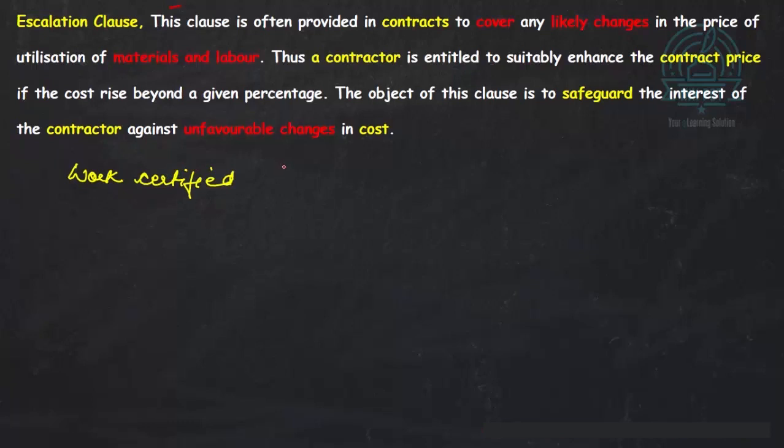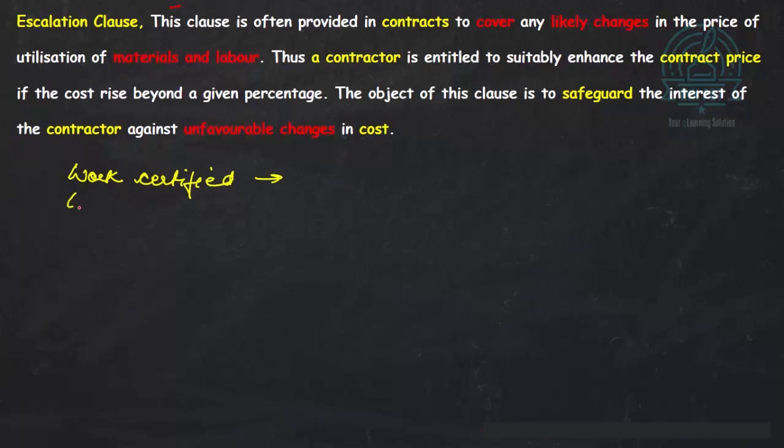Now, if we have completed a certain percentage of the contract, it is not necessary that whatever work is done by the contractor is certified by the contractee. The contractee appoints an architect or a surveyor who checks whether the work has been done according to him or not. So, whatever percentage of work is completed by the contractor, the architect or the surveyor of the contractee certifies the work. So, work certified is the work certified by the architect of the contractee.